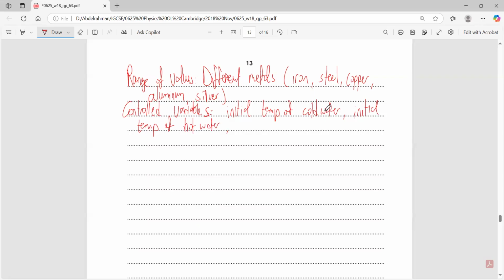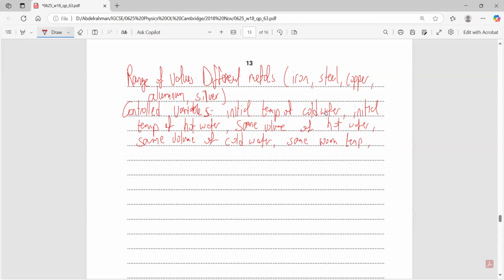You need to have same volume of hot water, same volume of cold water, same room temperature.